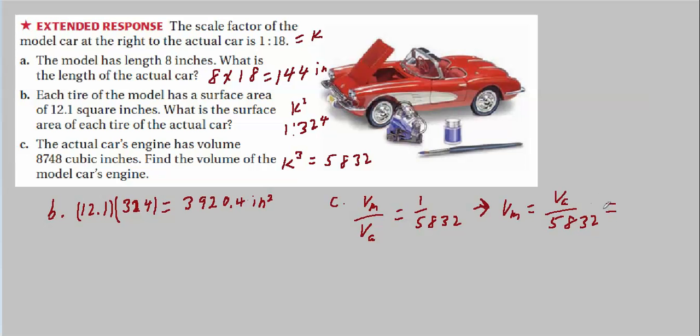Now if you punch this into your calculator, you get 1.5. And that would be inches squared. Not very big. That's why they call it a model, I guess. Again, actually a very simple problem. All you had to do was keep track of what your scale factors mean with respect to three-dimensional objects.